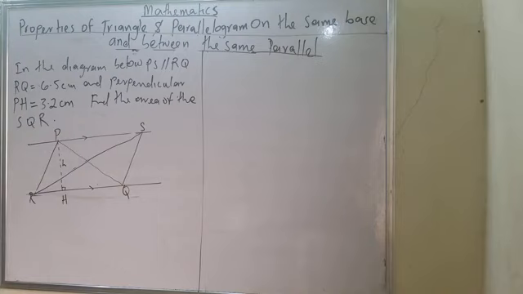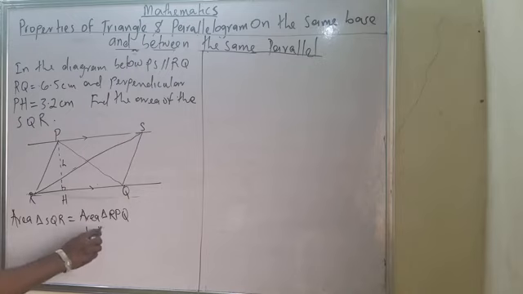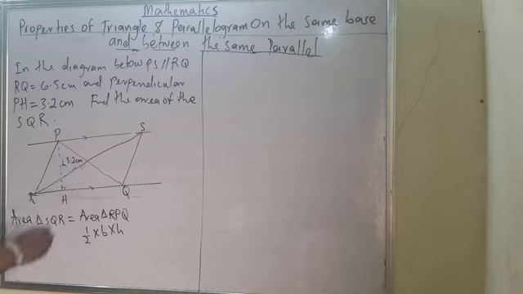Now, since I have this, with all we have been saying, the area of triangle SQR will be equal to the area of triangle RPQ, which is 1 over 2 multiplied by B multiplied by H, which is my height. Now, what is my B? My height is 3.2 centimeters.